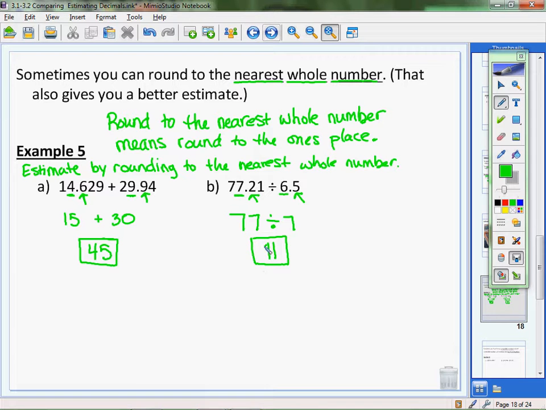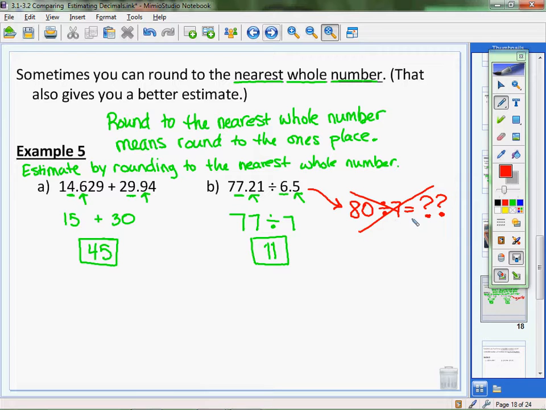I want to point something out. In this problem, it would not have worked to round to the highest place, because if we rounded these to the highest place, it would be 80 divided by 7, which is a weird decimal number.